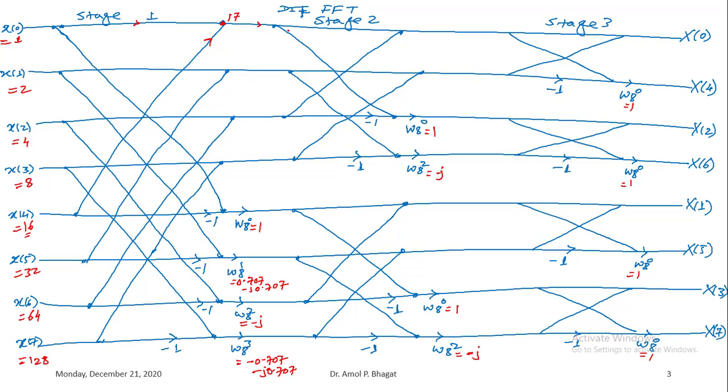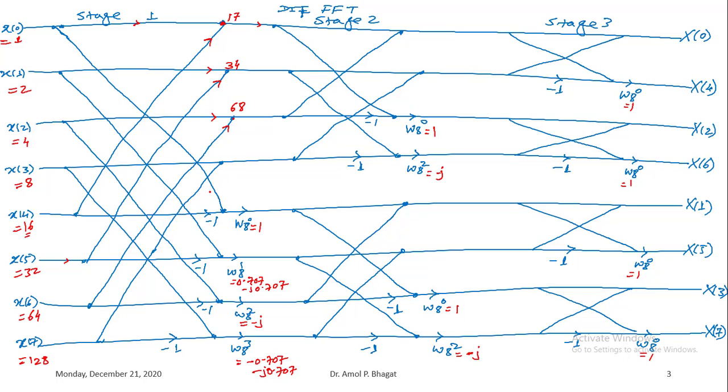But before computing stage 2 outputs, we'll initially compute all the outputs of stage 1. Again here 2 is coming as it is, and from this side 32 is coming, so 32 plus 2 will be 34 here. Similarly this 4 is coming, then this 64, so 64 plus 4 will be 68 at this point.